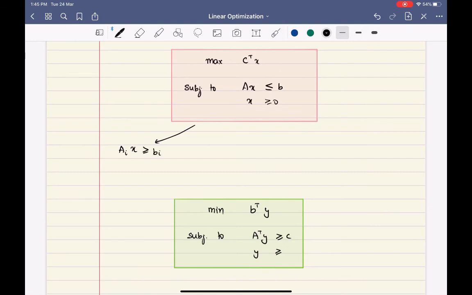So normally it has to be aix less than or equal to bi. So ai is the ith row of this matrix. In that case, the yi has to be less than or equal to 0. The yi that we multiply with has to be less than or equal to 0. Now if we had aix equal to bi, then yi is unconstrained.